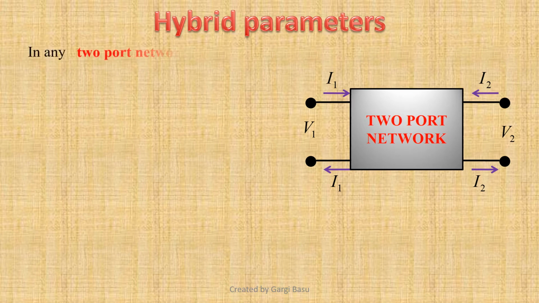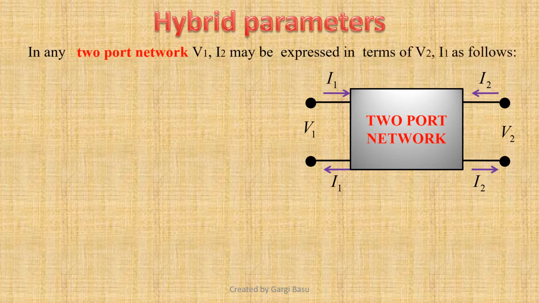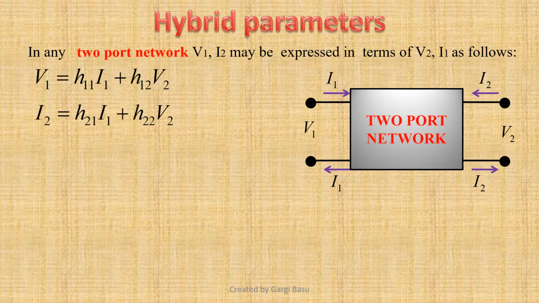To express V1 and I2 in terms of V2 and I1, the linear equations used are V1 equals H11 I1 plus H12 V2 and I2 equals H21 I1 plus H22 V2.